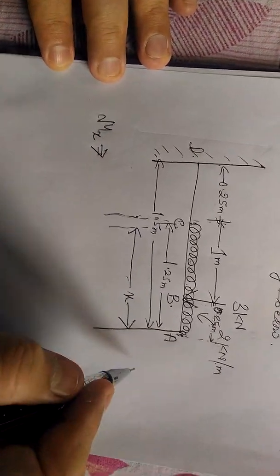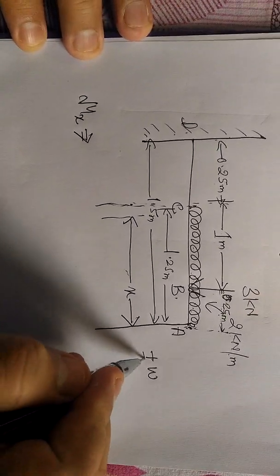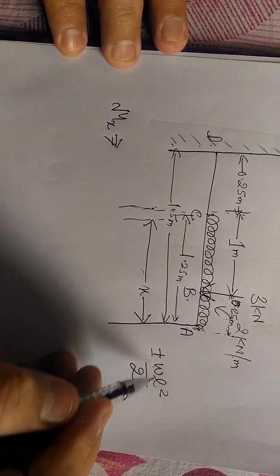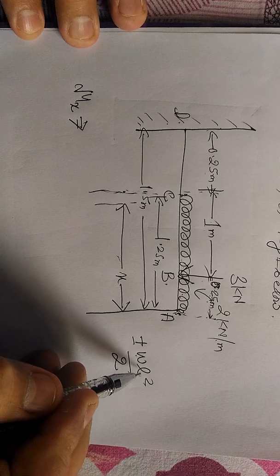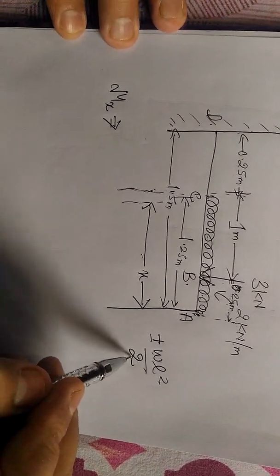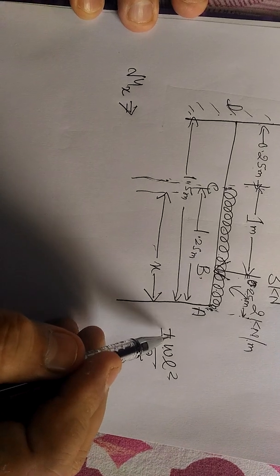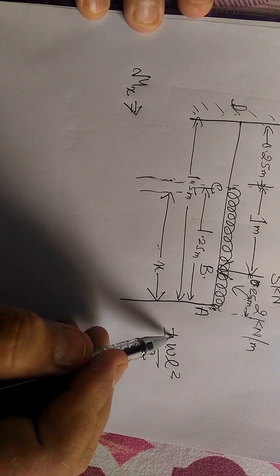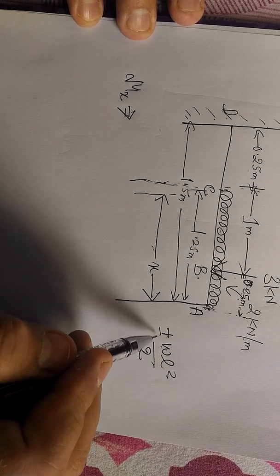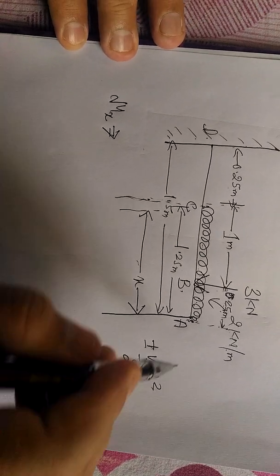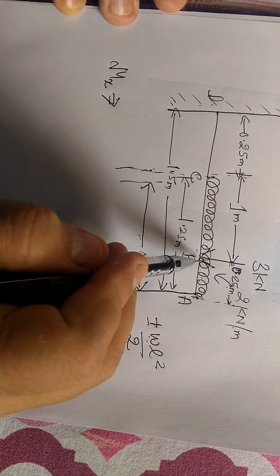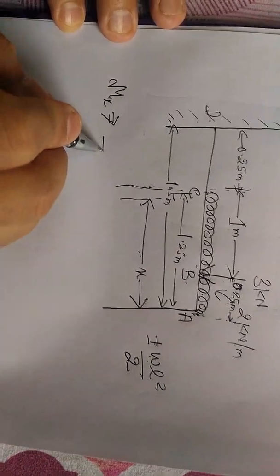Now for UDL, the bending moment equation is plus or minus WL square by 2, where W is the intensity of loading, L is the length over which we are considering the bending moment, and 2 is a numerical value. Plus is if the load is acting upwards, and minus if the load is acting downwards. So in this present problem, the UDL is acting downwards, so we'll consider minus.